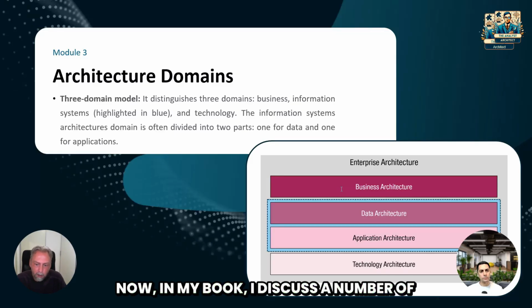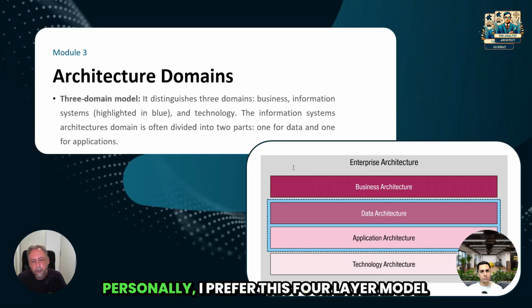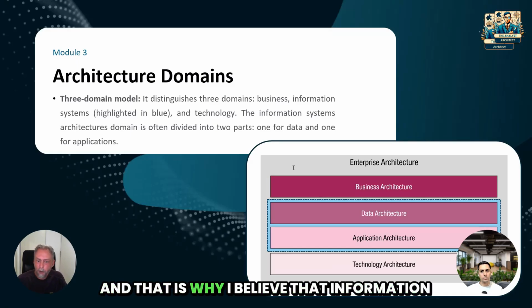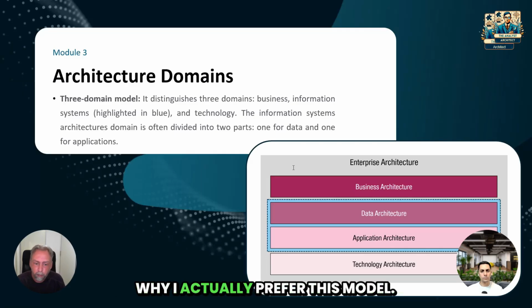Now, in my book, I discuss a number of these domain models and their classifications. Personally, I prefer this 4-layer model consisting of business, information, application, and technology domains. And that is why I believe that information is more comprehensive than data, which is why I actually prefer this model.